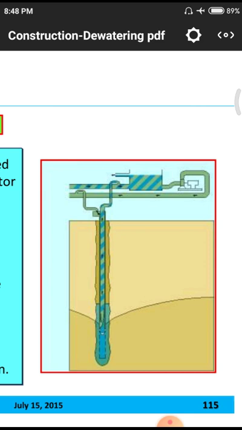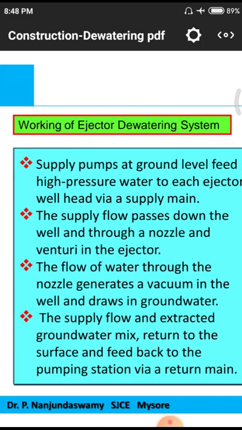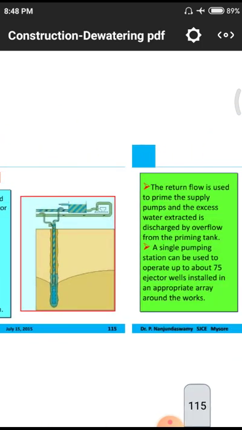Those valve and gauge mechanisms simply control the flow of water. If there is a need, they will automatically release the valve and feed it to the main pipeline system. If there is no need, they will automatically close the valve. That is the usage of ejector dewatering systems.